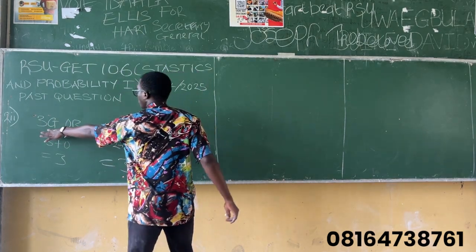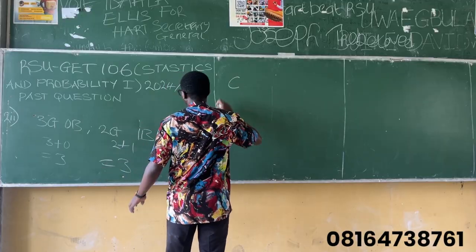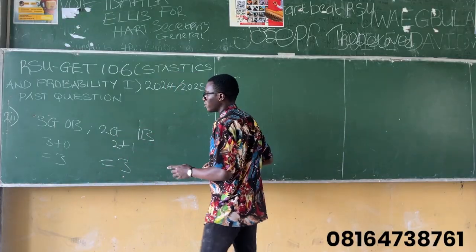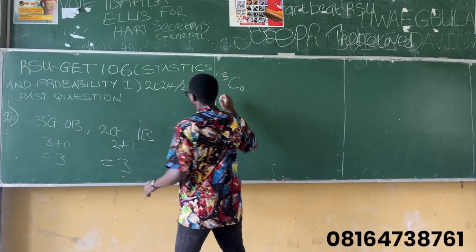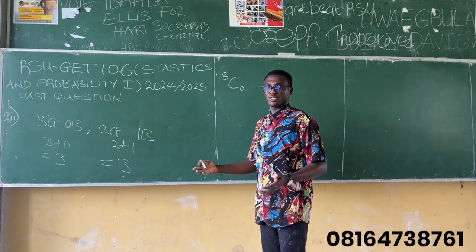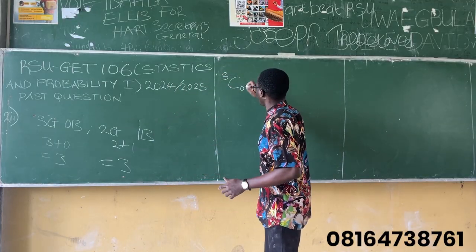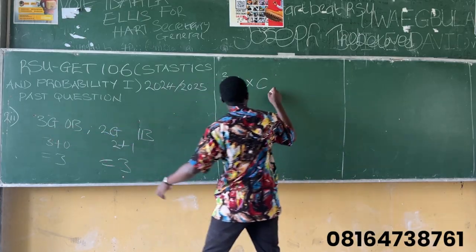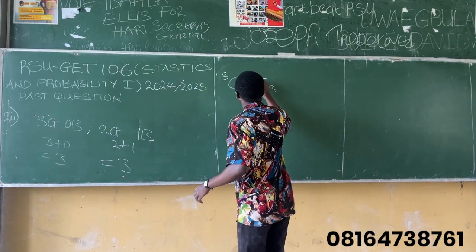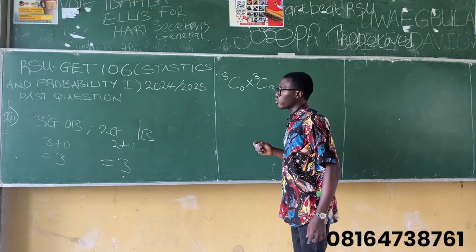So what this means is that combination, what are we selecting? We are selecting 0 boys out of 3 because it's a 3-member committee. So you select 0 boys out of 3 and you multiply it with selecting 3 girls out of 3 for the 3-member committee.